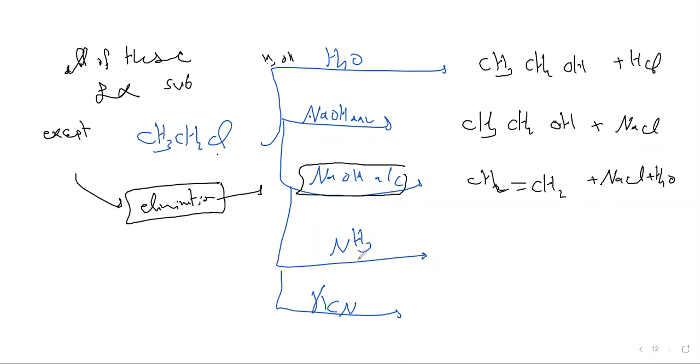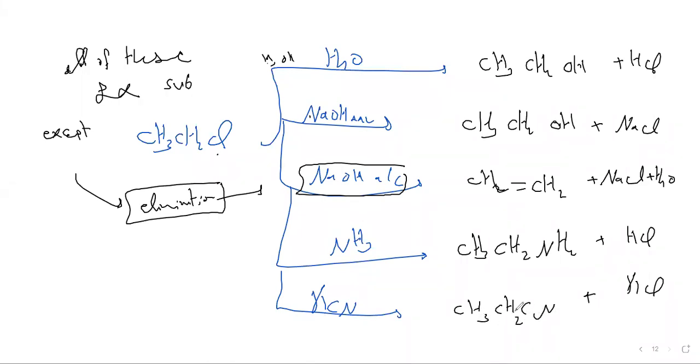After that, with NH3, it is NH2 and H. So H will take Cl to be HCl, and the other one NH2 goes to CH3CH2NH2. For KCN, K will take Cl, and then CH3CH2CN.